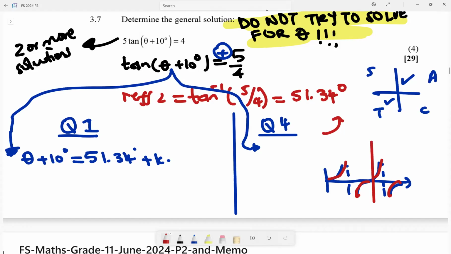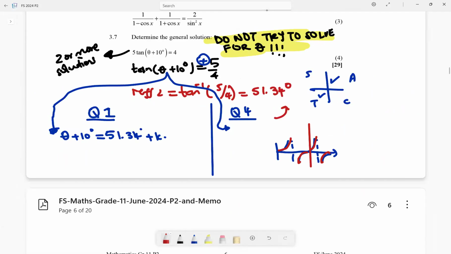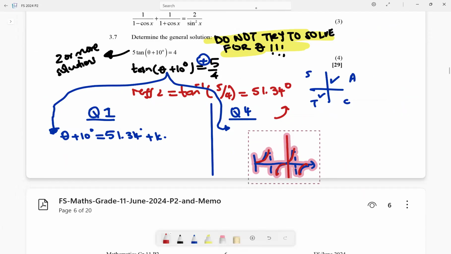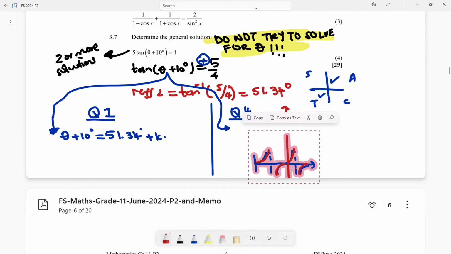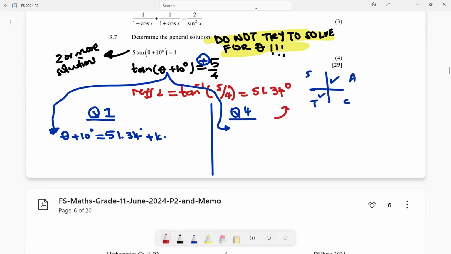Yes, as I was explaining, sorry about that. The period for the tan graph, the normal tan graph, is 180, right? So we'll just say 51.34 plus k times 180 degrees.